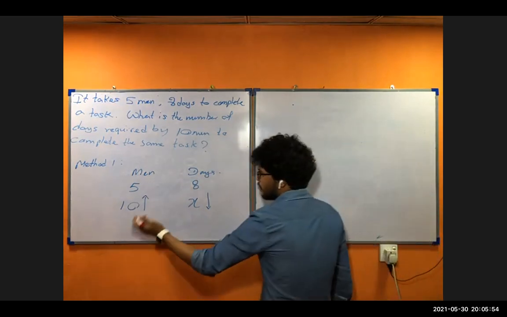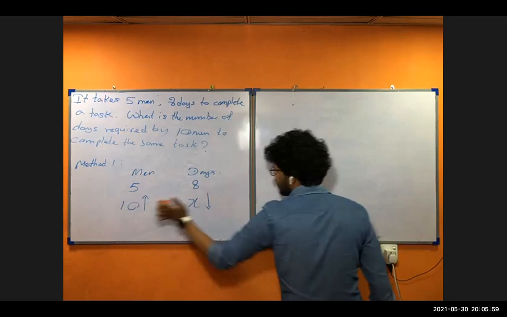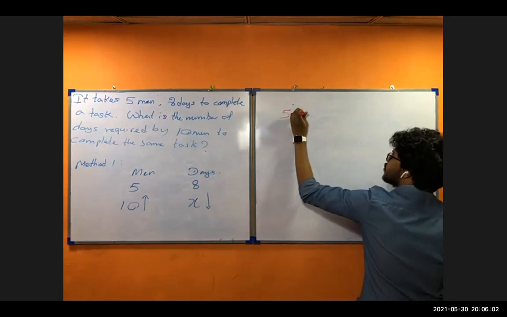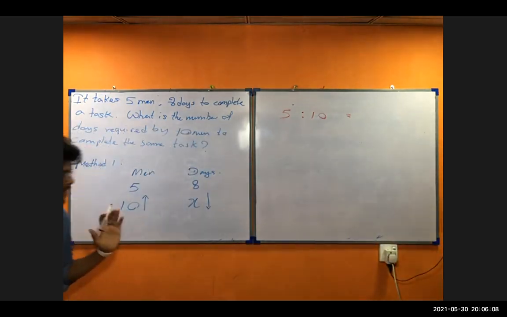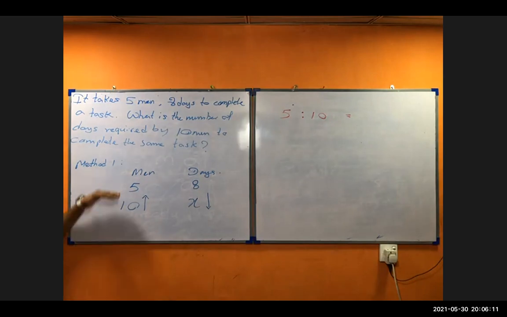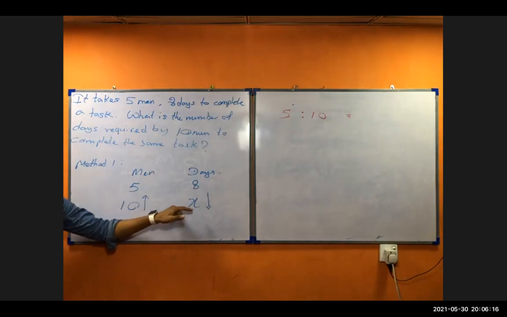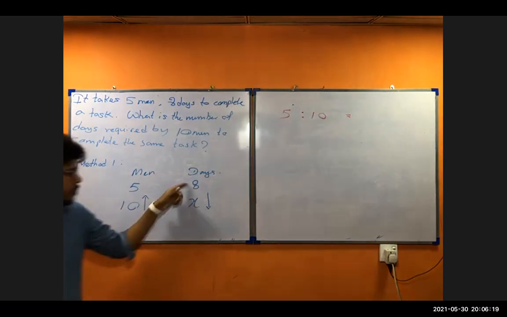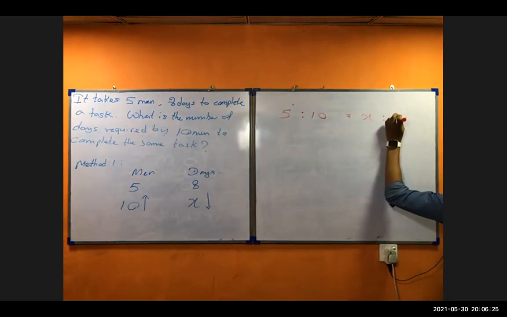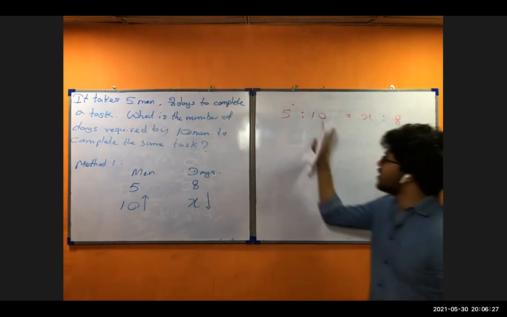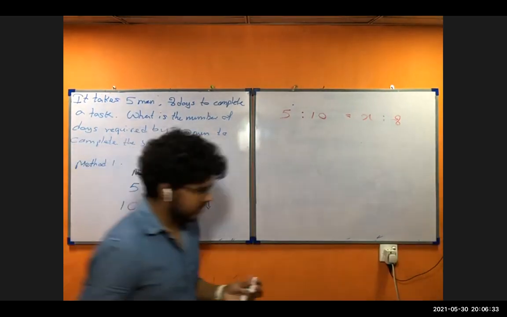If it is inversely proportional, you can write the ratio. First I write 5:10. Because it is inversely proportional, I wrote 5 first and 10 second. Then in the second scenario, I write the one at the bottom first and the one at the top second, so it is X:8.